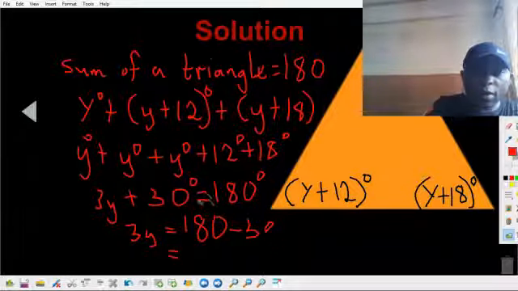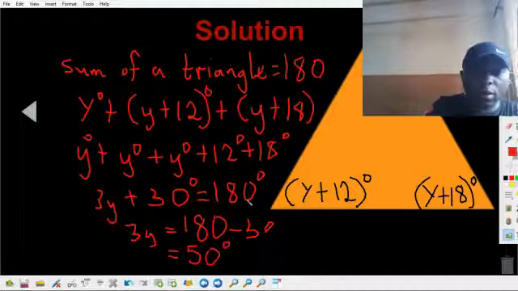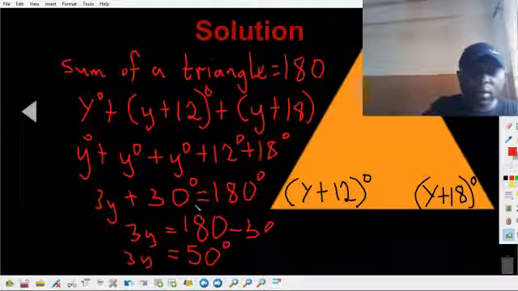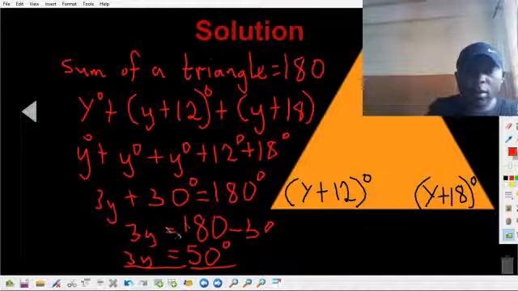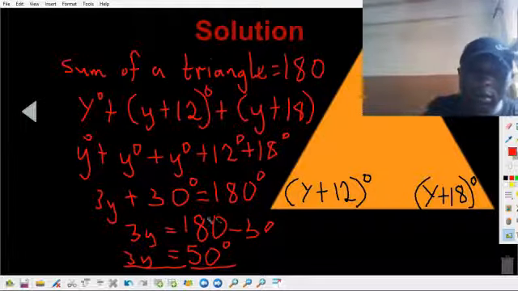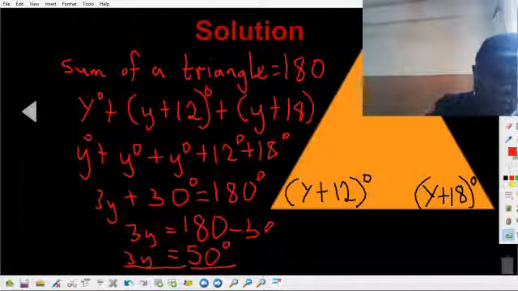You subtract it, you have 150 degree equals to 3y. Now what is the next step? You divide both sides by 3, right?